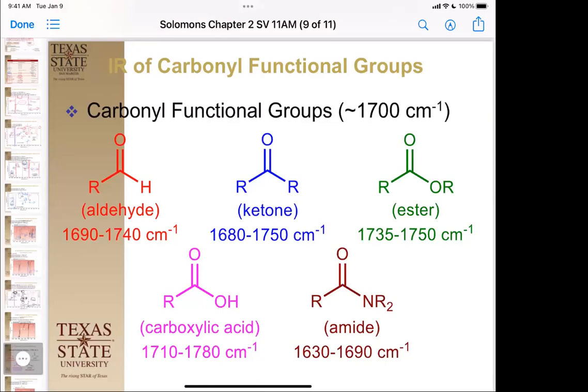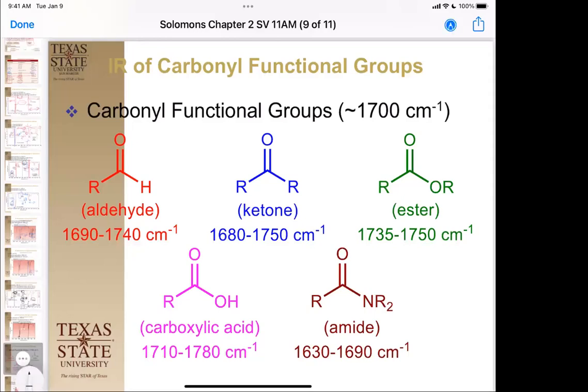The carbonyl is a polar bond, 2 bonds between carbon and oxygen, and therefore it has to be between 1,500 and 2,000. And because it's a permanent, strong polar bond, it's always intense. The only thing that changes is when you put stuff near it, it'll shift it back and forth a little bit.